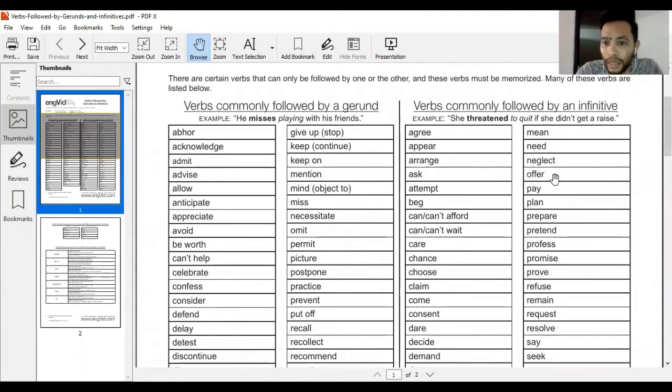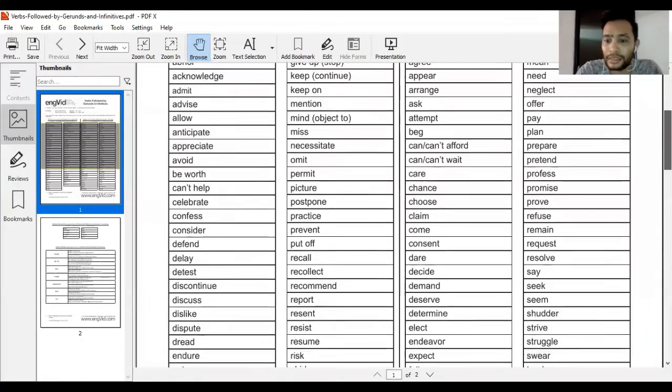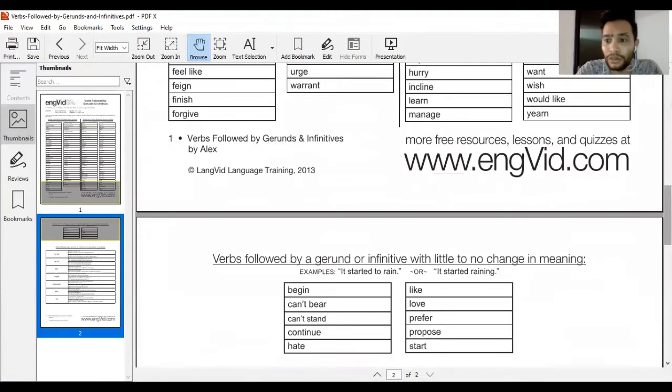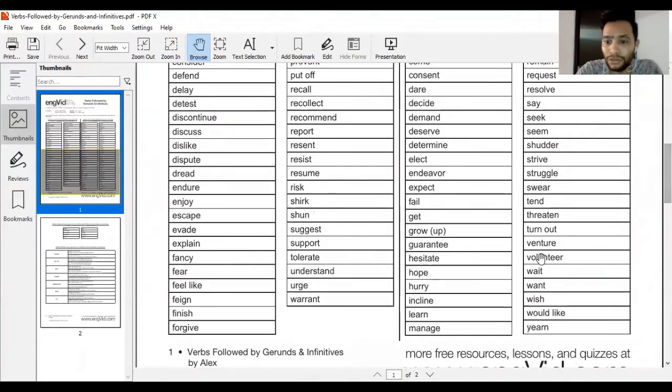So need, neglect, offer, pay, plan, prepare, pretend, promise, prove, refuse, remain, request, resolve, say, seem, shudder, strive, struggle, swear, threaten, turn out, venture, volunteer, wait, want, wish, would like, and yearn are all verbs that are always used with the to infinitive.